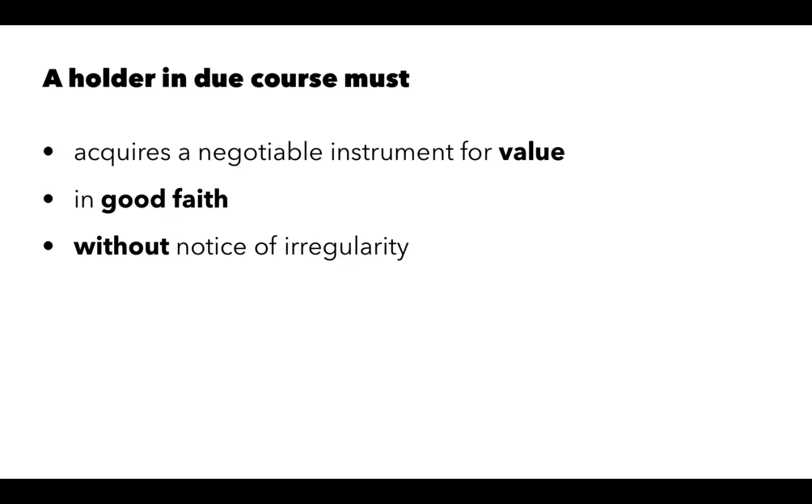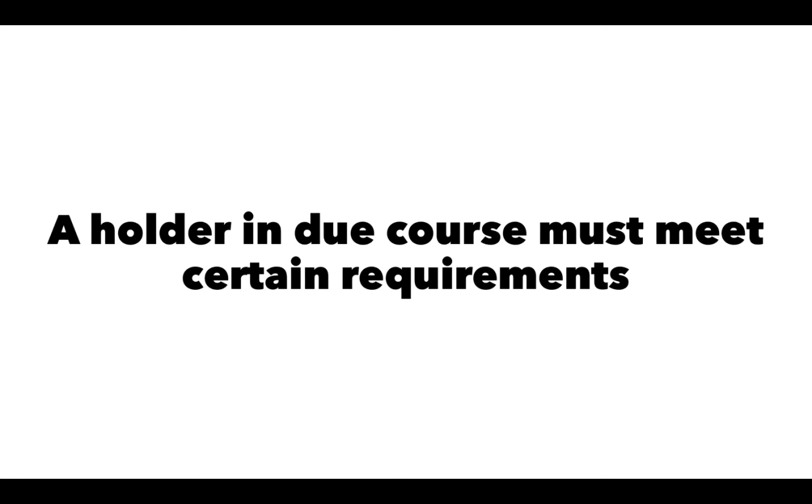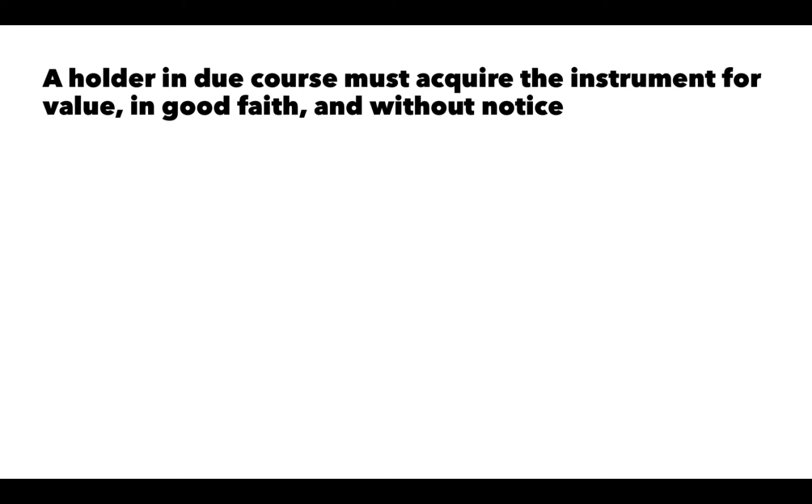So these three elements: value, good faith, and without notice of irregularity. Let's look at each of those three requirements in a little bit more detail. Again, a holder in due course must meet these three requirements. Value, in good faith, and without notice.